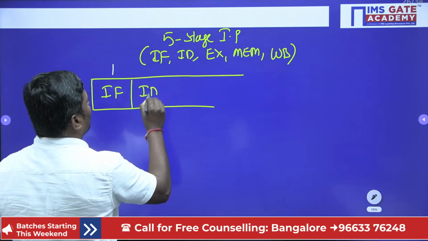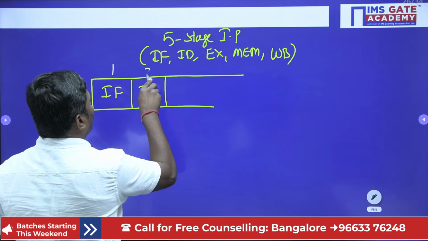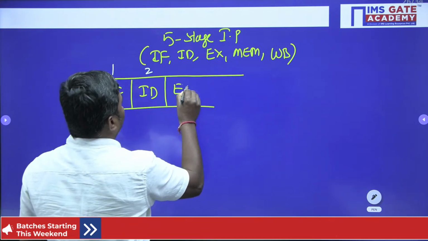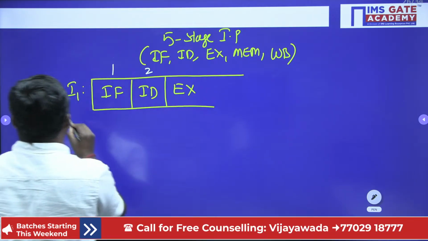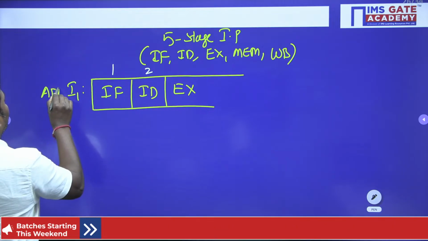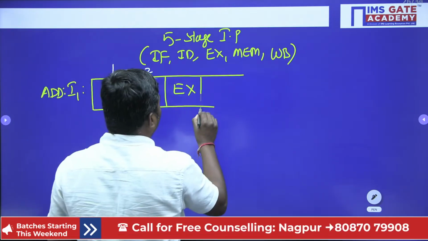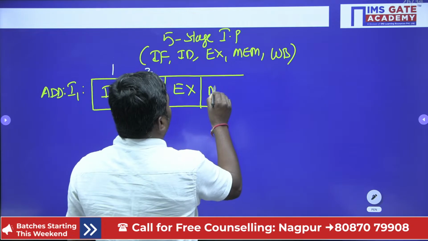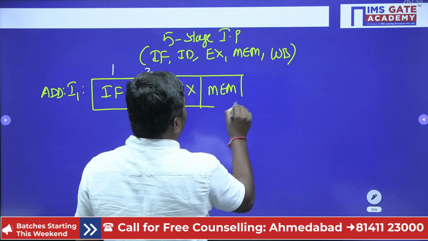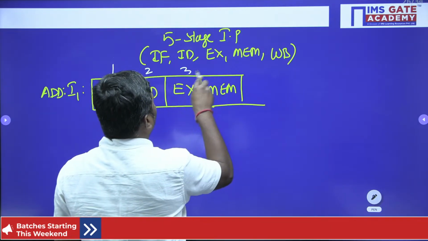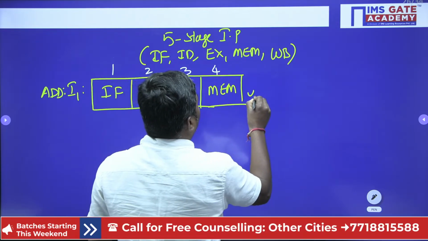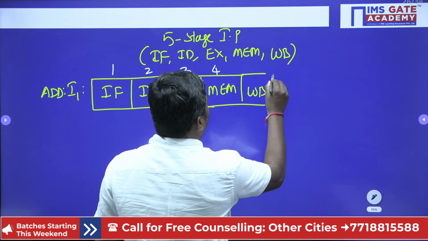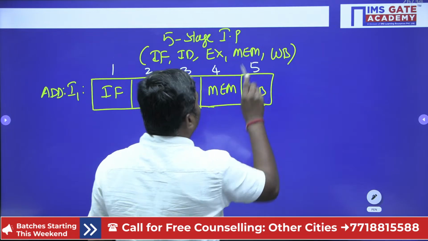Instruction decode also takes 1 clock. Execute, since it is an addition, will take 1 clock only. Then memory access, also 1 clock, clock number 4. Then write back, clock number 5.